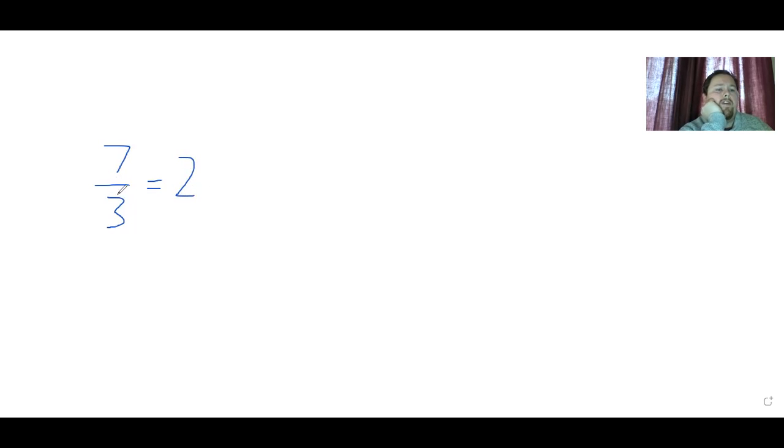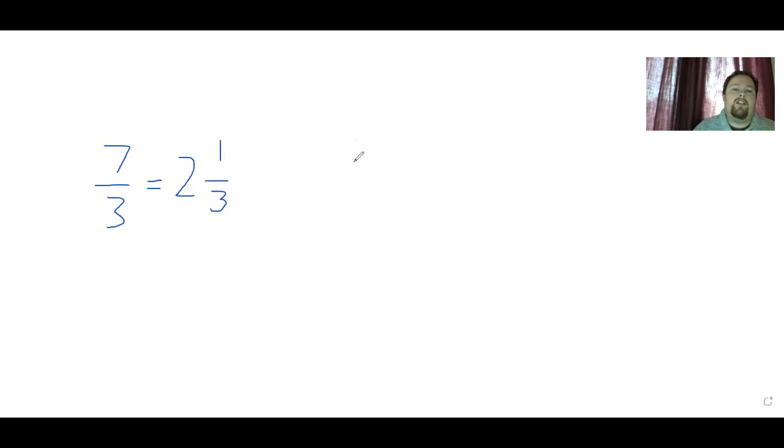Well, if 2 3s are 6 and my number is 7, I've got 1 left over. So the leftover number goes at the top, and then the bottom number always stays the same. And therefore my mixed number is actually 2 1/3. Occasionally you may have to simplify these last ones, but not in this case. So that's one example.